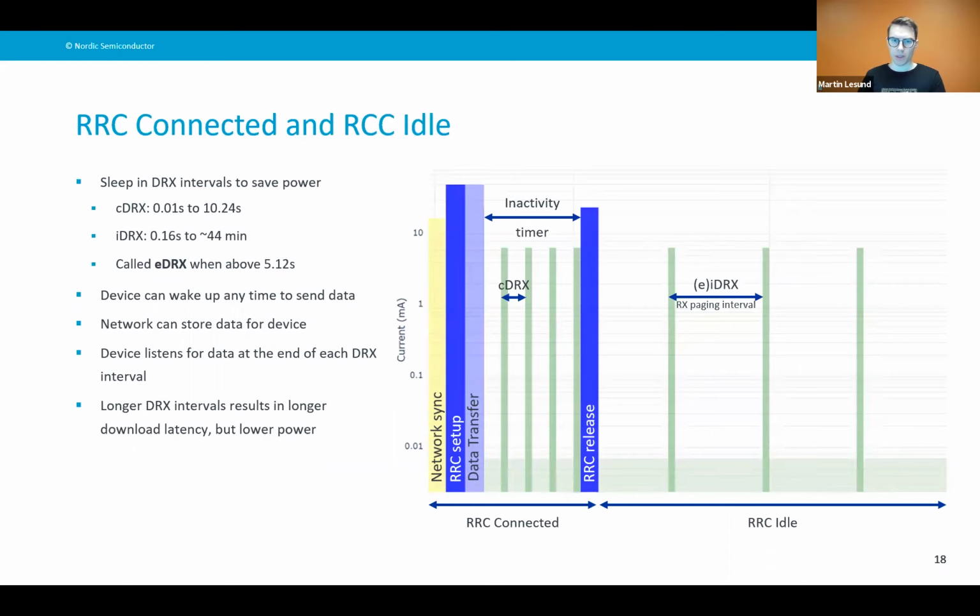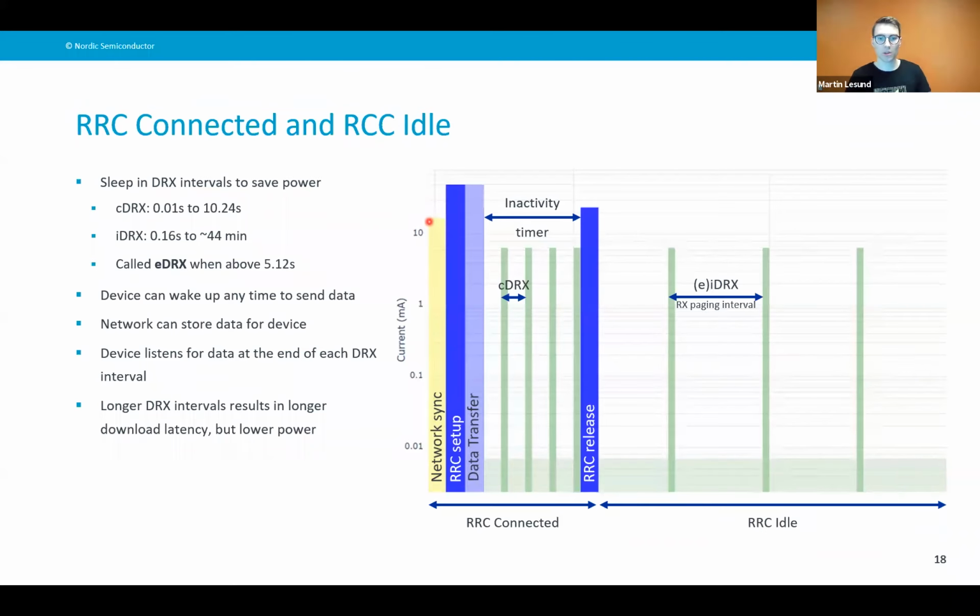So here is a little bit more detailed about the connected and RRC idle mode. Let me see if I can spotlight. So in here you see the current, and here you see the time. So first we have a block showing the network sync.